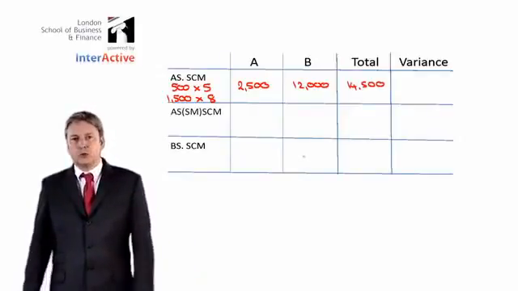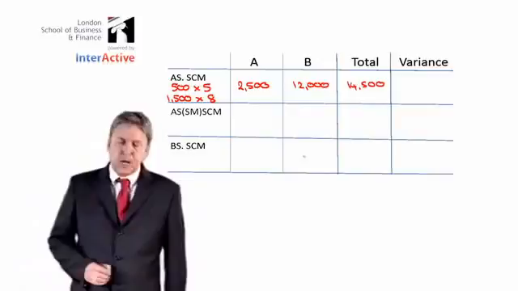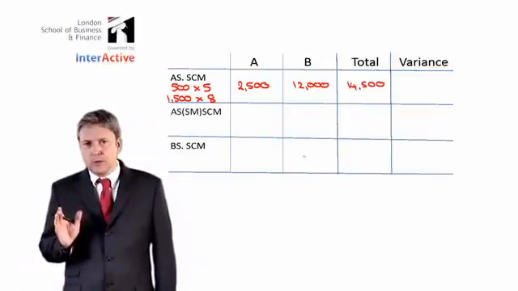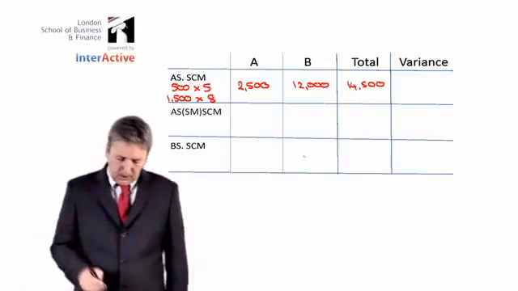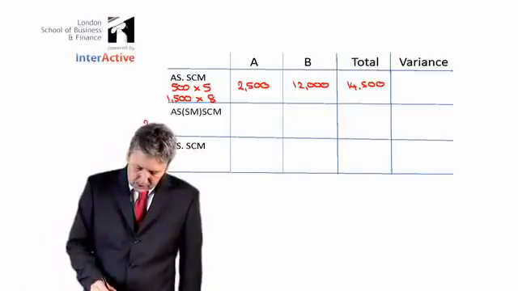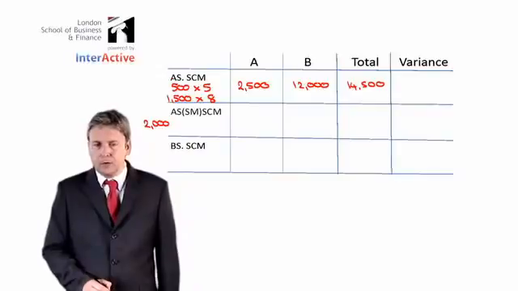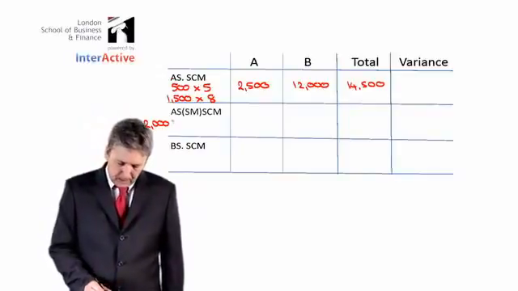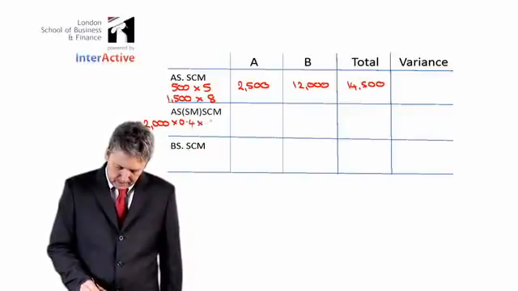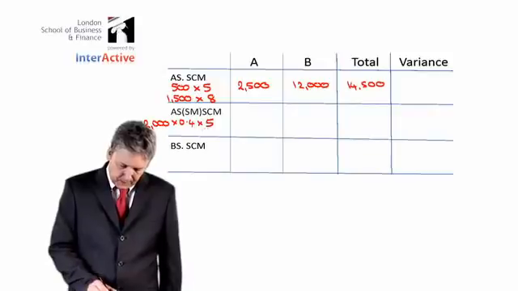Then we can look at the actual sales at the standard mix. Now, how many actual sales were there? Well, if you think about it, we had 2,000 actual sales, just summing the two numbers above, 500 and 1,500. We expected 40%, or 0.4, of them to relate to A, and that had a contribution of 5.